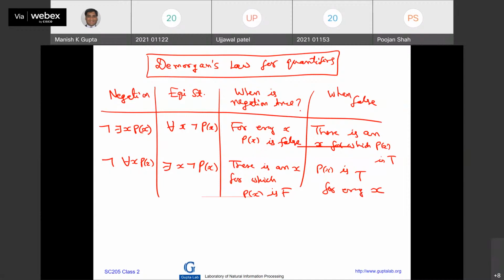So these are nothing but De Morgan's laws. I have shown you one and then I have written all the possibilities. De Morgan's laws for quantifiers.